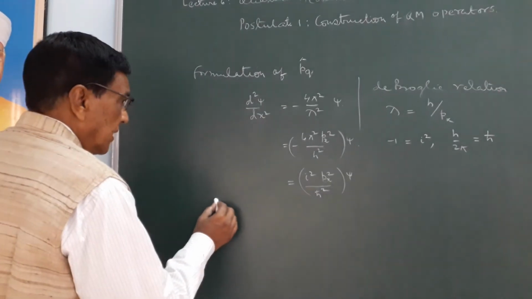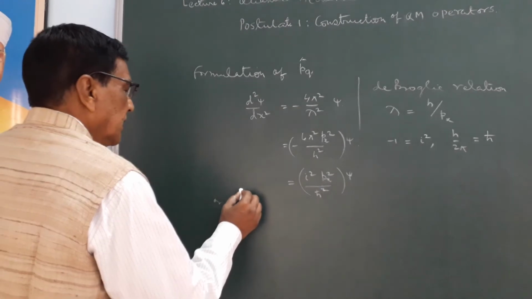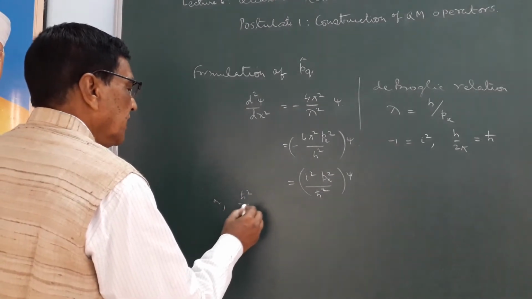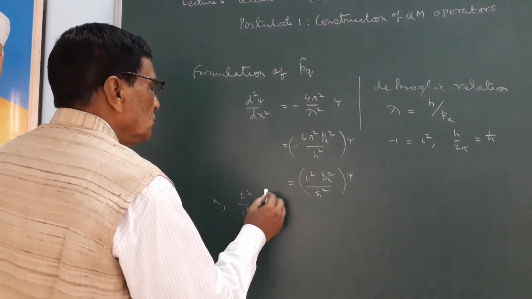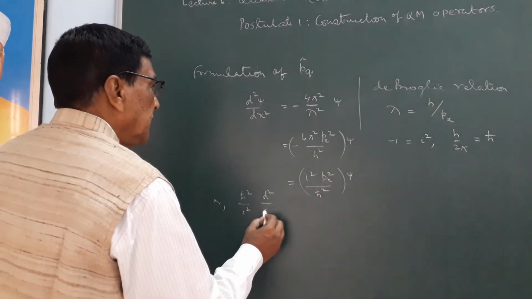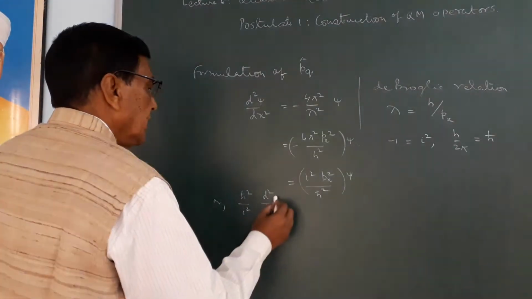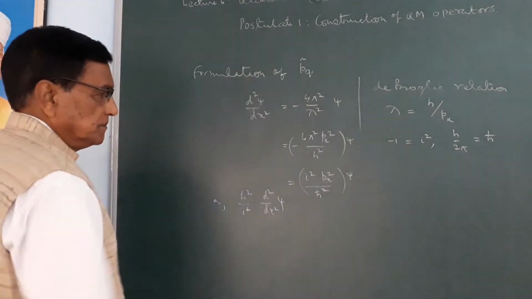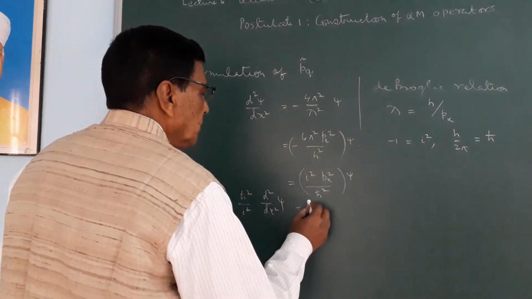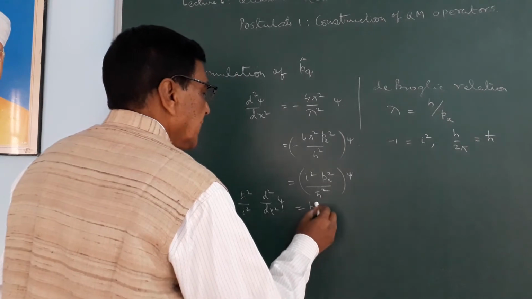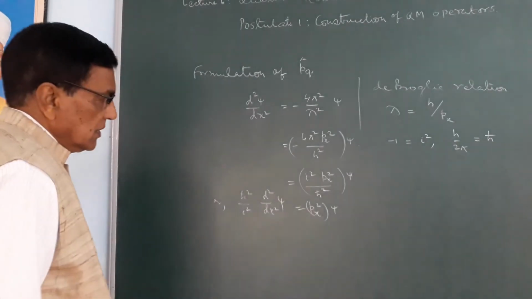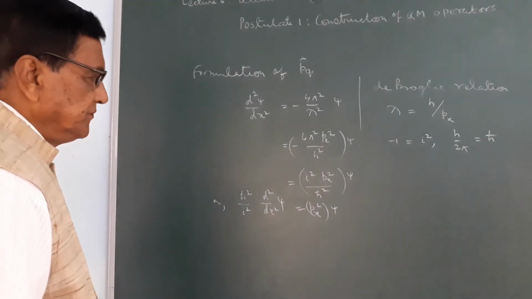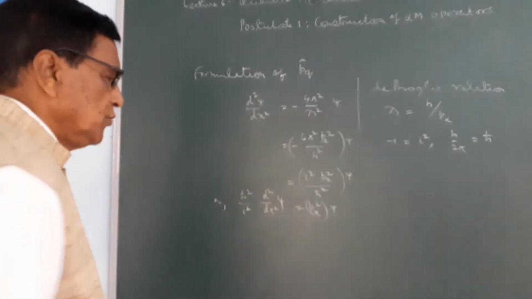Or we can write h cross square divided by i square into d2 by dx square psi equal to px square psi.